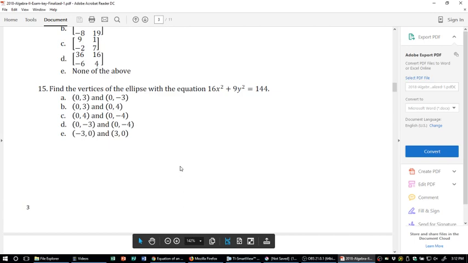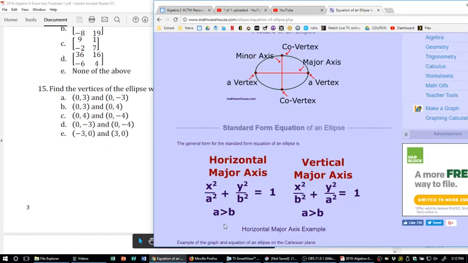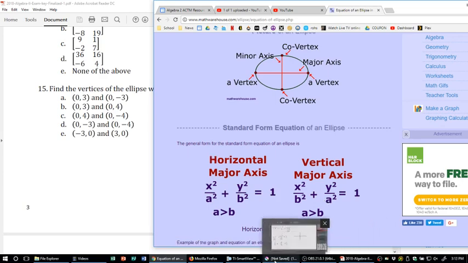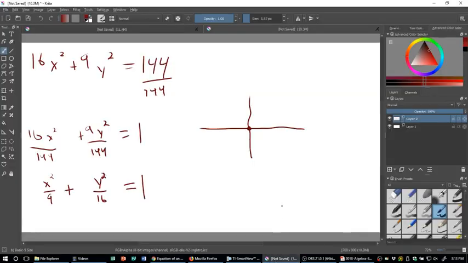Now, for an ellipse, A is always bigger than B. So if this is the bigger denominator, it's a squared, and if this is the bigger denominator, it's a squared. So for us to determine what A is, we need to figure out which denominator is bigger, and that's going to be a squared.